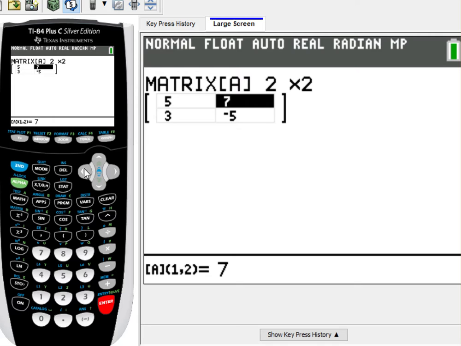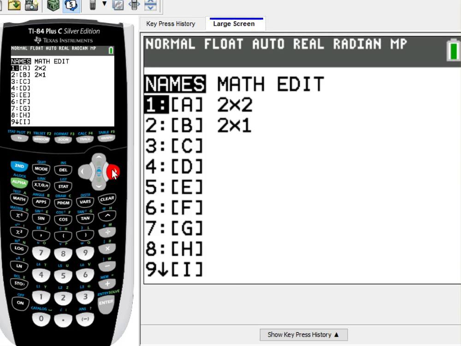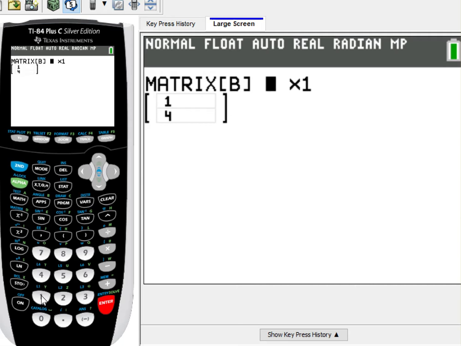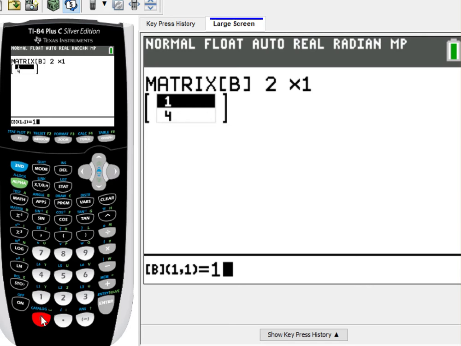Oops, I put the wrong number, let me come back. 1, 5, and the second row will be 3 and 6. Enter. And now your matrix B column is 10 and 12. So 10, enter, and 12, enter. And you come back to your main window.